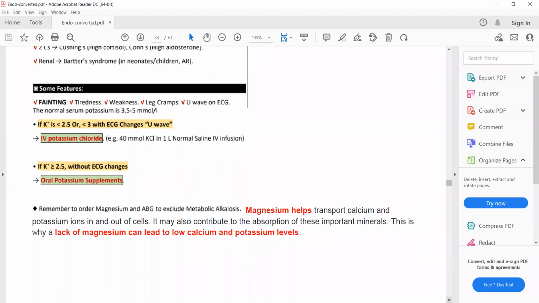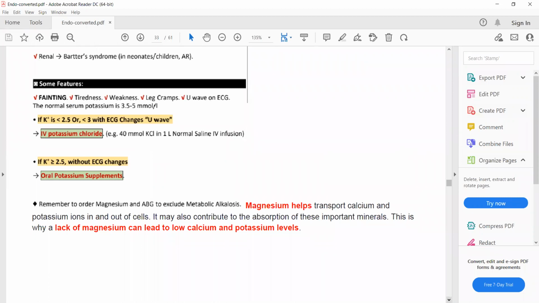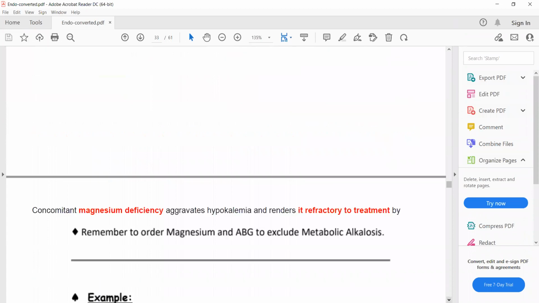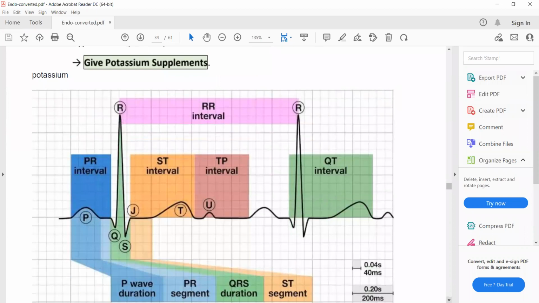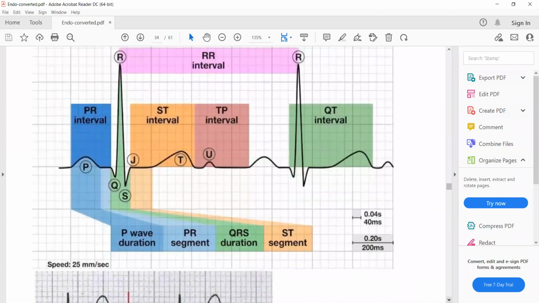Now a person with hypokalemia can present with weakness, leg cramps, and U wave on ECG. U wave on ECG is a very specific finding of hypokalemia. Let me show you a U wave. See in ECG that this is P, this is Q wave.